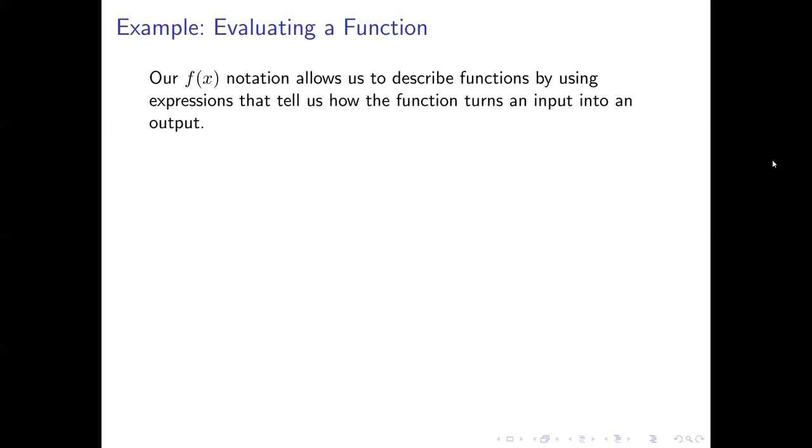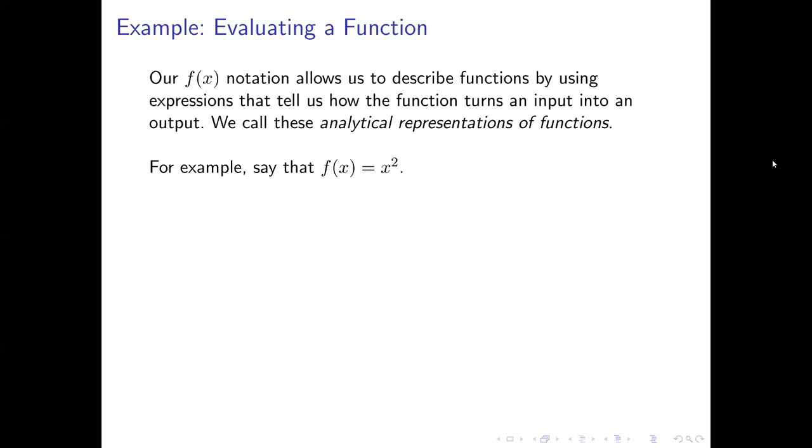One way we can use our function notation, this f of x notation, is it gives us a way to describe functions by telling us a kind of rule or formula for turning an input to the function into an output. And these kinds of formulas we sometimes call analytical representations of functions. Here's a simple example. We might say that f of x is equal to x squared.